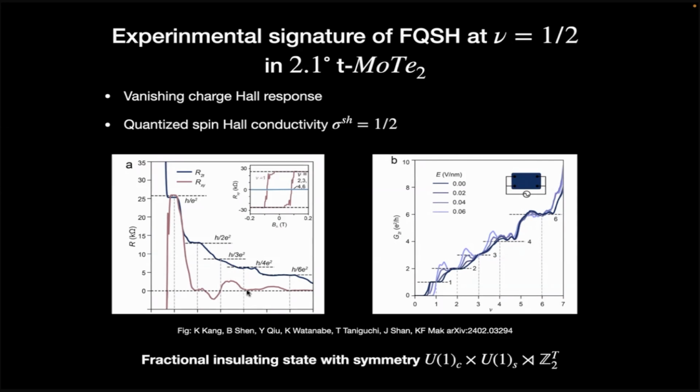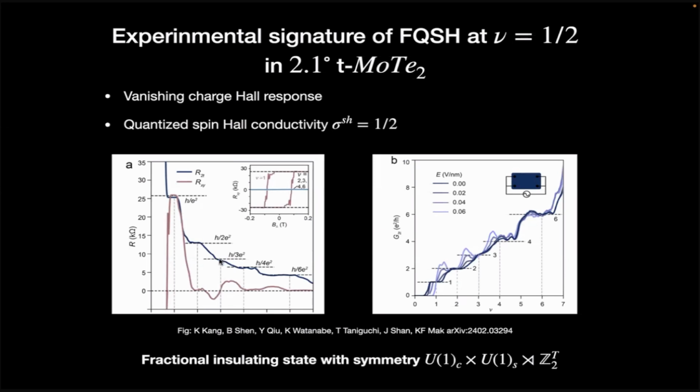Here is a picture taken from the experiment paper. The relevant plateau is here. As you can see, the Hall response Rxy is 0 here, but the two-terminal resistance is non-zero, and it takes this value.